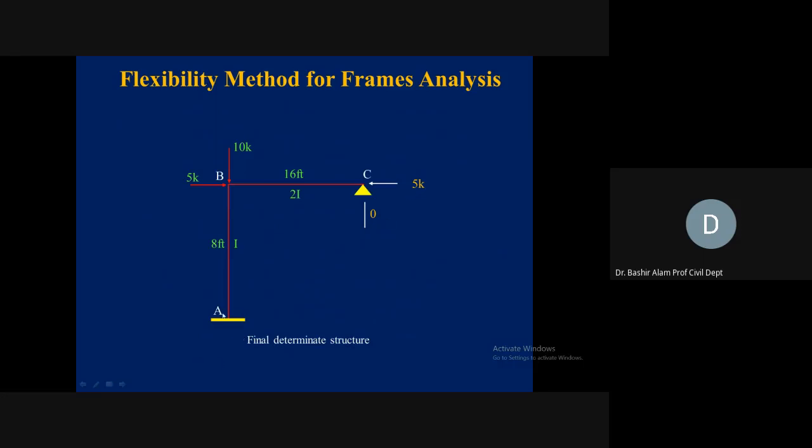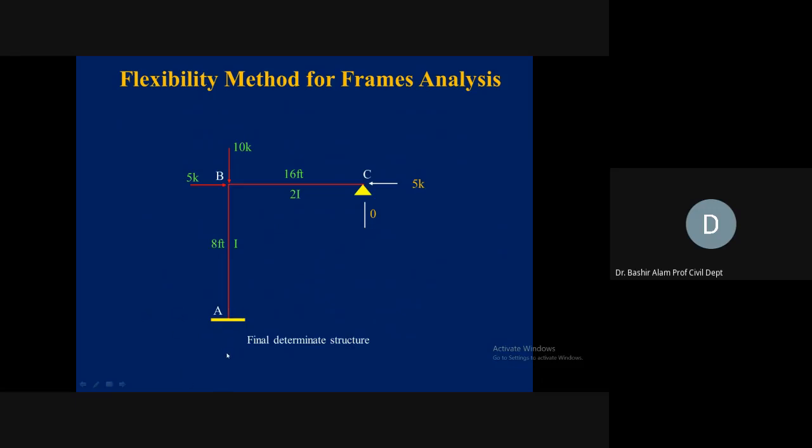Now the rest of the values you can do very quickly if you use the equilibrium approach. 10 kip, and this is 0. So the vertical reaction at A will be 10 kip in the upward direction. 5 kip is already getting balanced by this 5 kip, so the horizontal reaction here will be equal to 0.